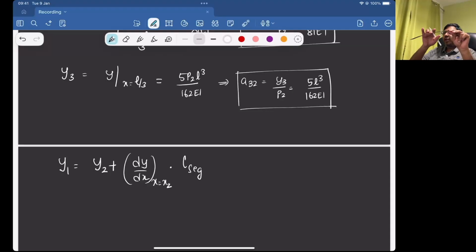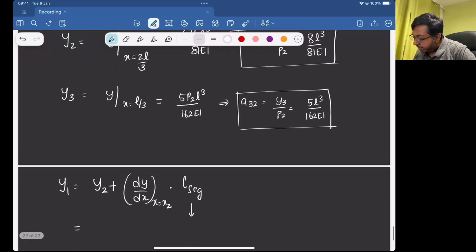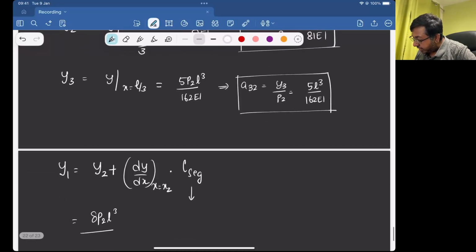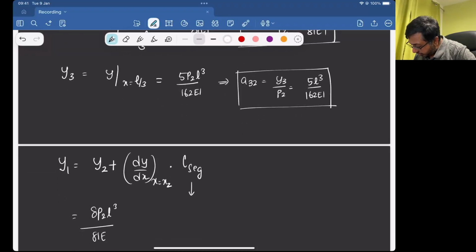That means from the point y2 I know the additional change in the position of y1. Substituting everything, y2 is 8 P2 L cubed over 81 EI, plus the slope term.